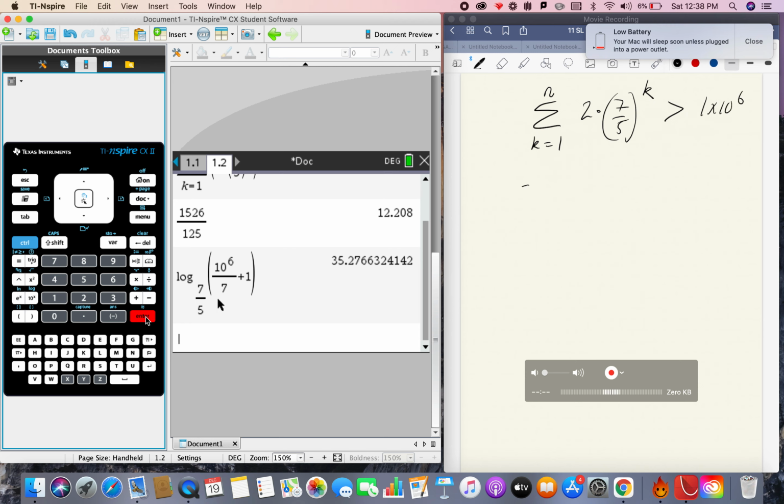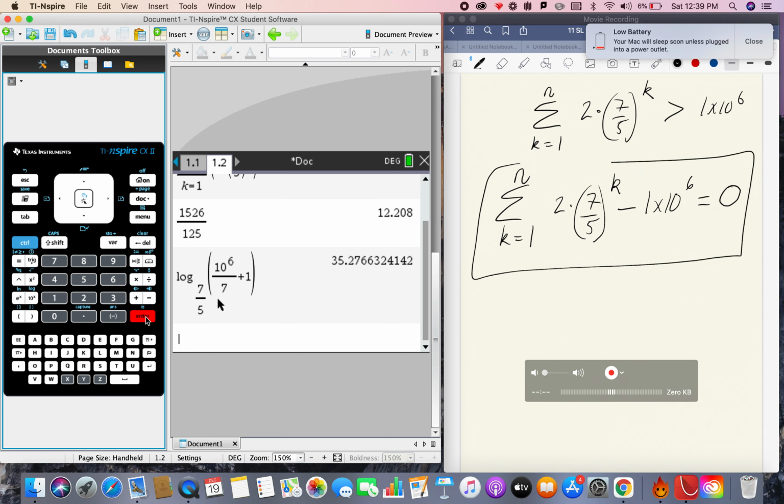Now if I rearrange this, k equals 1, 2 times 7 over 5 to the k, if I choose n here, I do minus 1 times 10 to the 6, and I put a little equals 0 again.